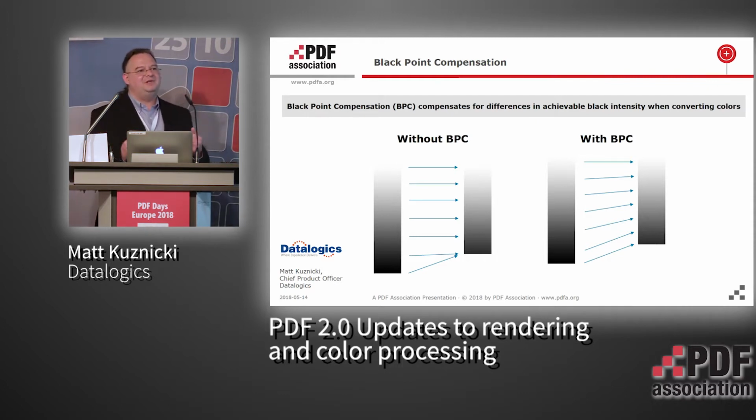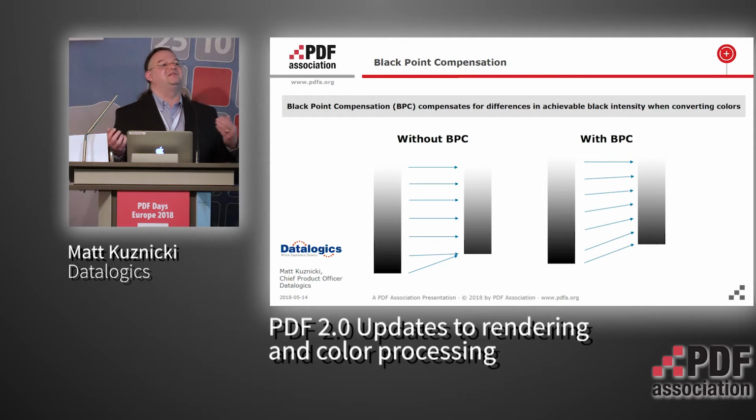So black point compensation deals with a very common problem in color conversion, and that is, how do you map from a source color space that has a rich definition of what black is, what an absence of colorant is in most cases, to a destination color space where your blackest black is less vivid.